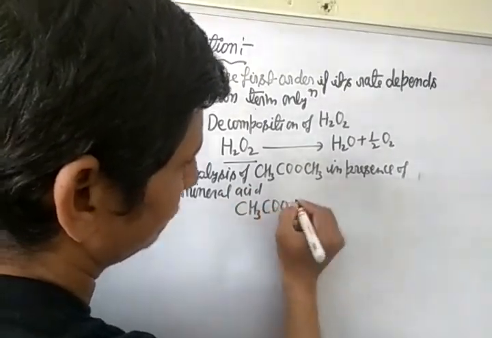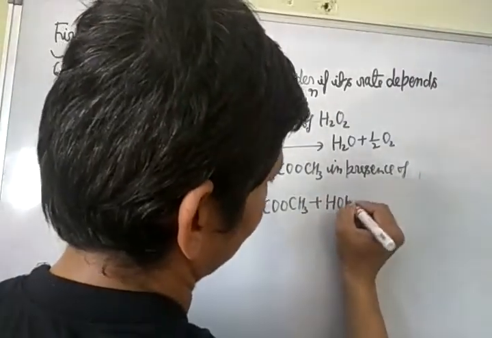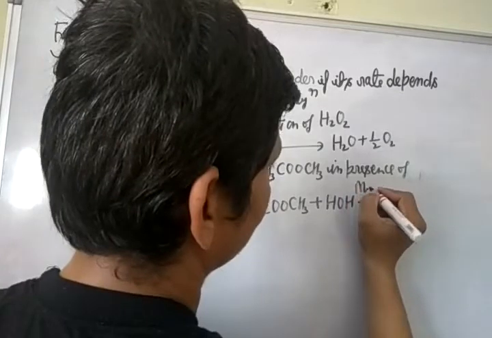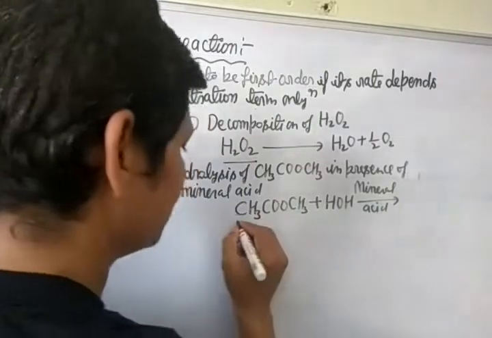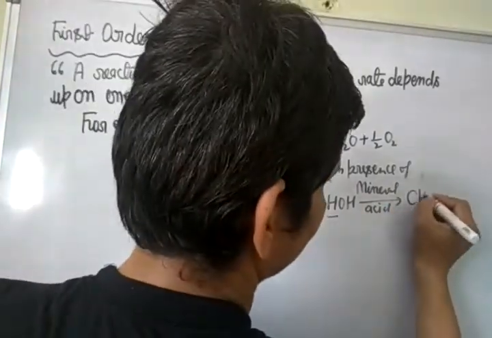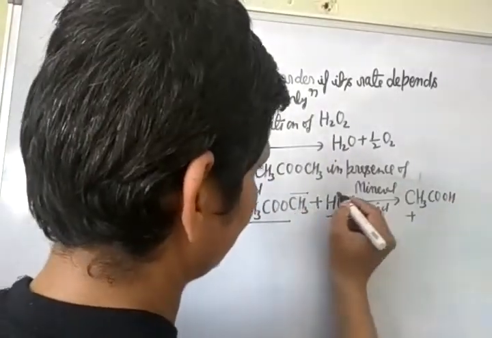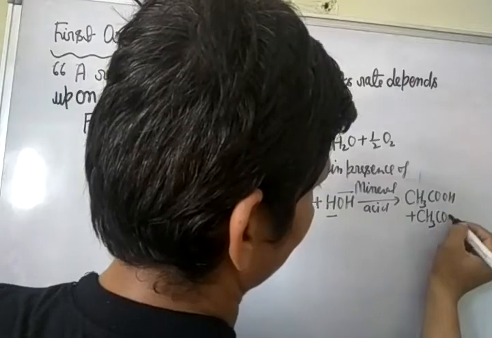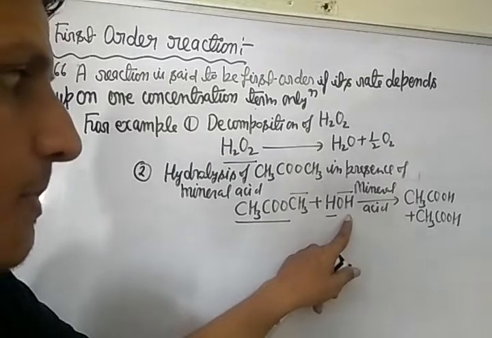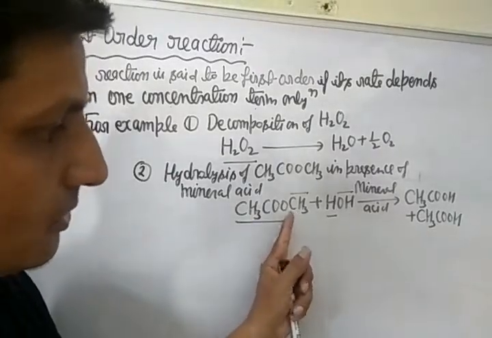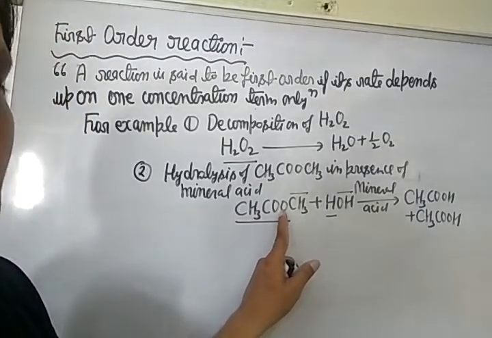CH3COOCH3 plus HOH in presence of mineral acid gives CH3COOH plus CH3OH. In determining rate, we consider the concentration of water constant. So rate depends only upon the concentration of methyl acetate. So order of this reaction is also 1.